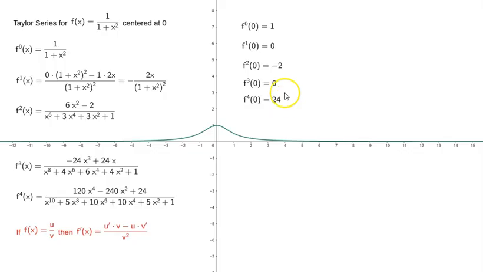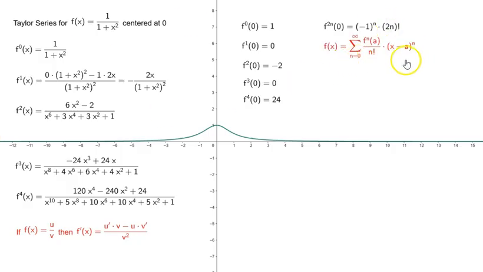Now, if you notice, f1 of 0 is 0 and f3 of 0 is 0. So our general term will be f2n of 0 is equal to minus 1 to the power of n times 2n factorial. So it is not n factorial, it is twice n factorial.